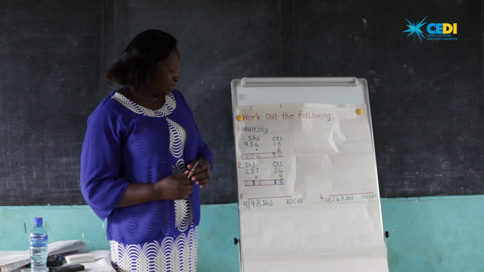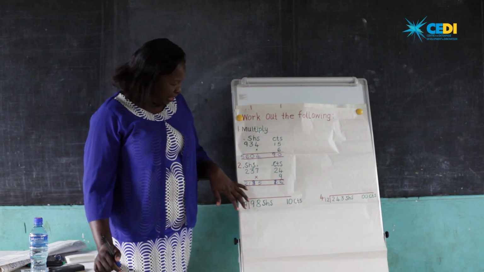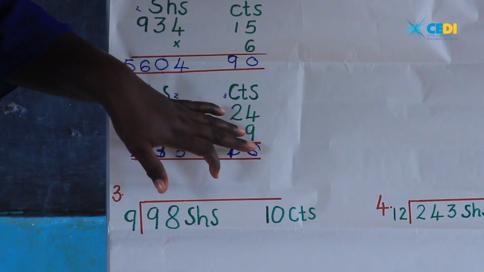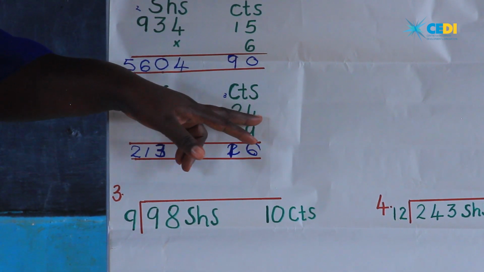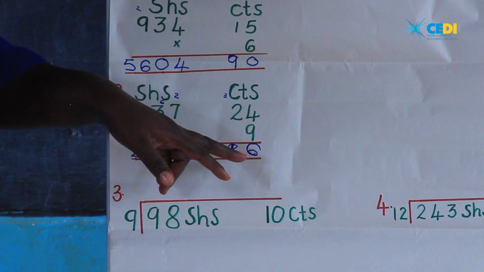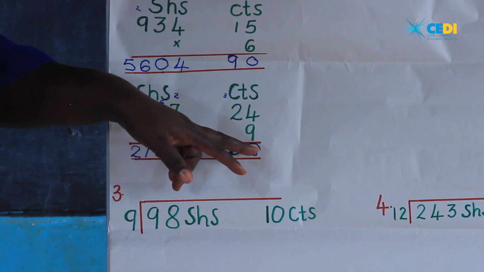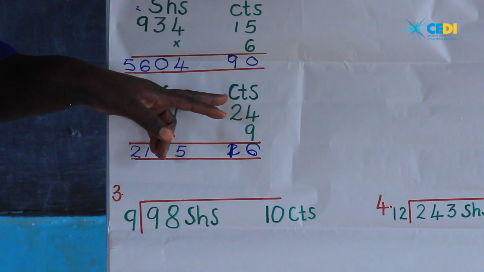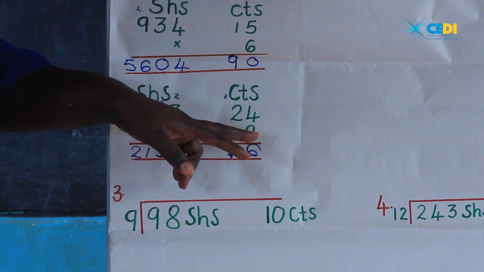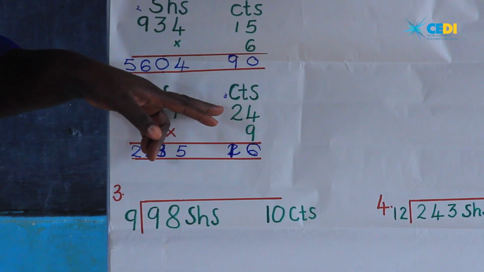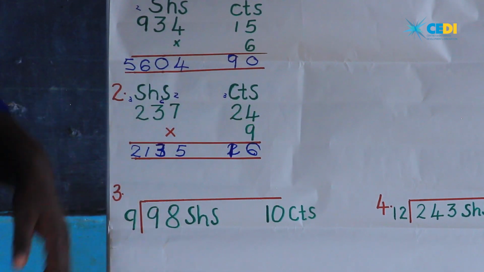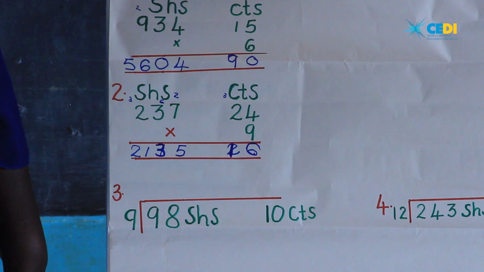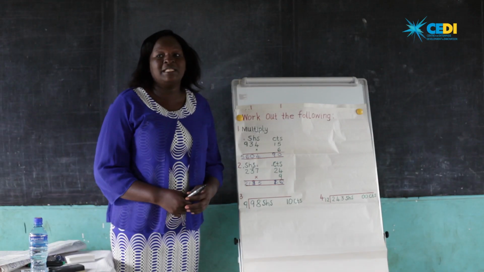So can we do it together, class? We start from the ones column. We have 4 cents. When we multiply 4 by 9, we get 36. We write 6 and we carry 3. Then we have 9 times 2, which is 18. Plus the carried 3, we will get 21. So 216 cents.